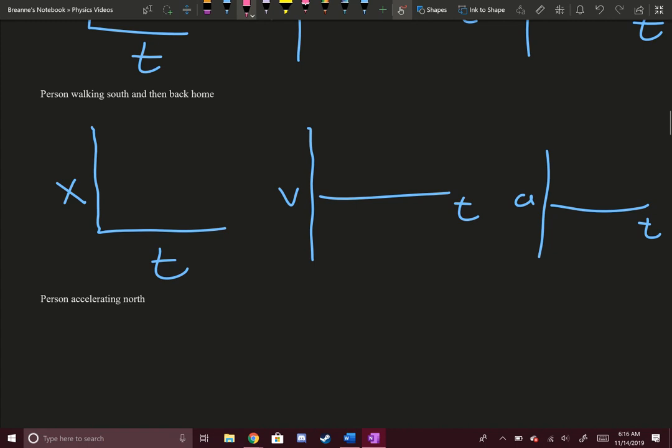A person walking south, then back home. If we clear this place, that is home. So walking south would be going down, and then back home. That just means the person is walking at a constant rate.